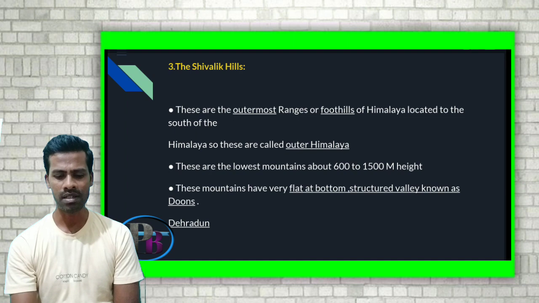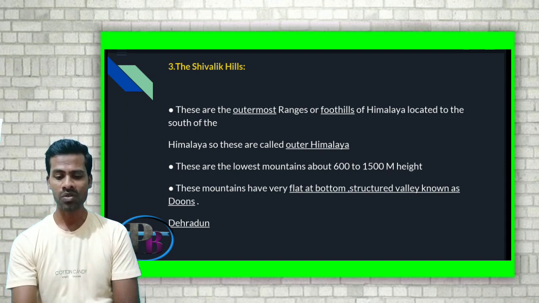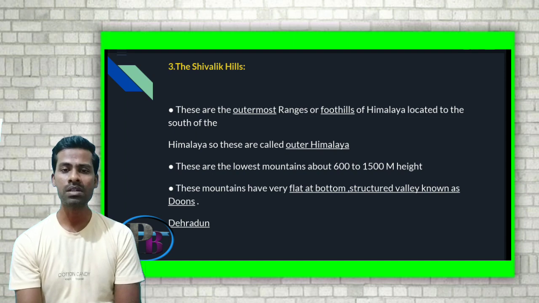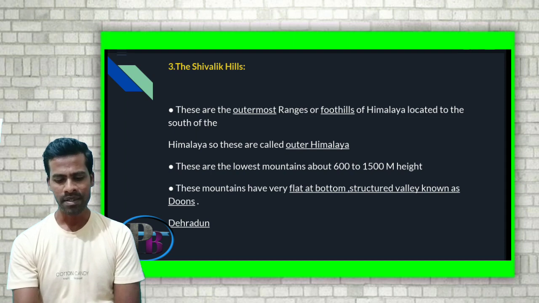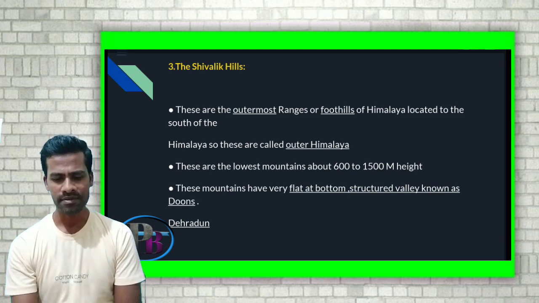These are located south of the Himalaya, so they are called the outer Himalaya. We have to remember why it is called the outer Himalaya. It has a height of 1,500 meters.